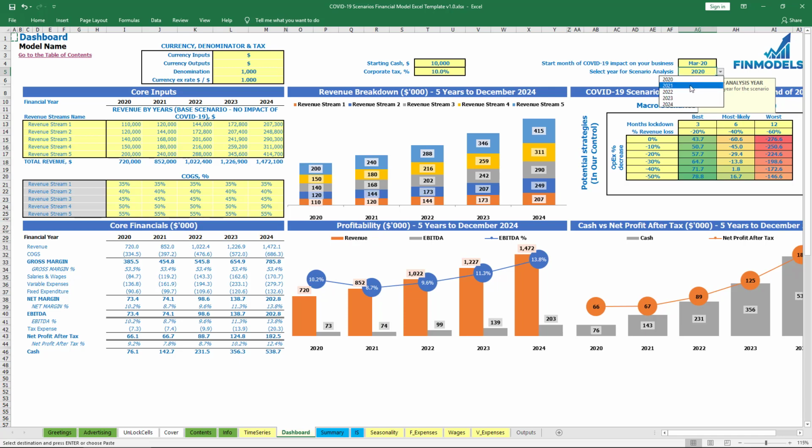So you need to set 2021 here, and the starting month of impact will be March, or you can change it. I believe the pandemic started in March, so we can use it by default, but in your country it could be May or April.